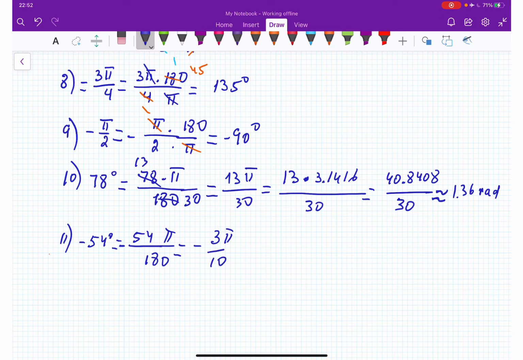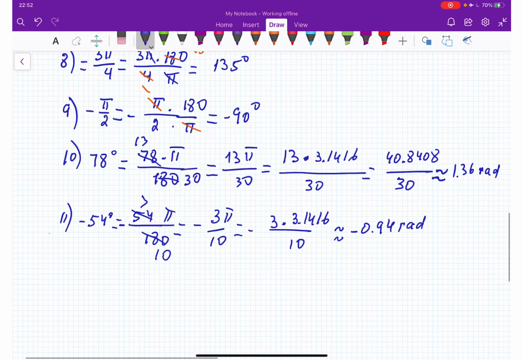I reduced by 18. And this is equal to negative 3 times 3.1416 over 10, which approximately will give me negative 0.94 radians.